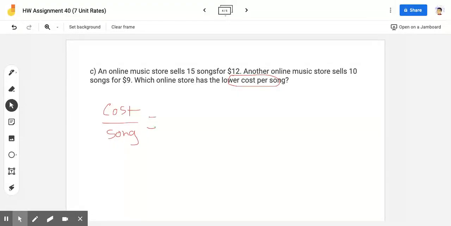All right, so let's make this happen. That first online music store is $12 for 15 songs. And the second one is $9 for 10 songs. Okay. All right, so let's find what the unit rate is going to be. I'm going to divide the top and bottom by 15.